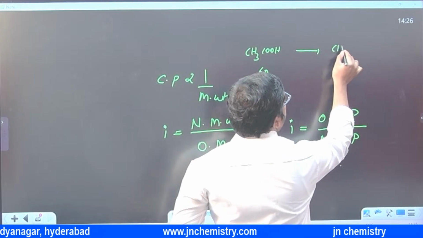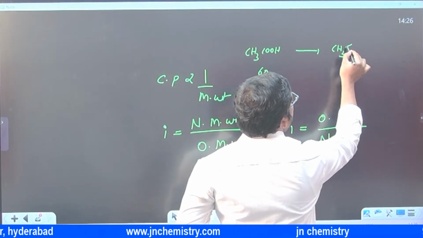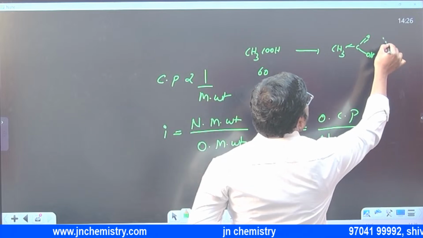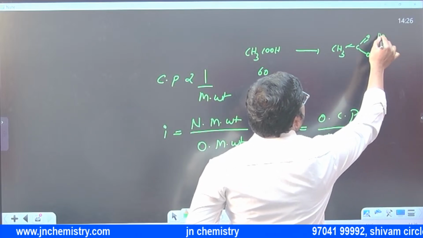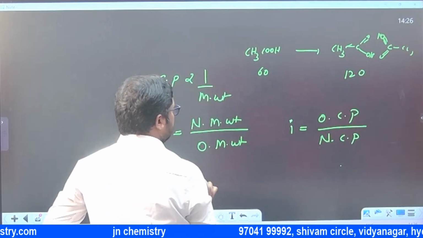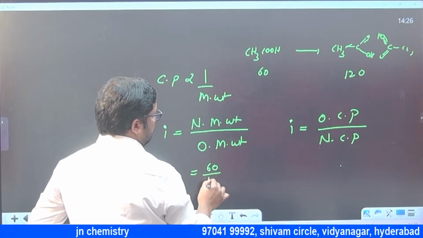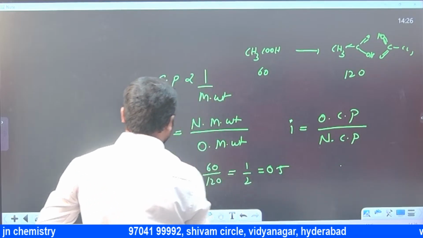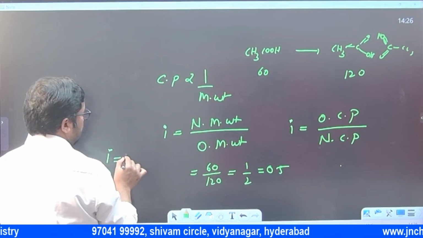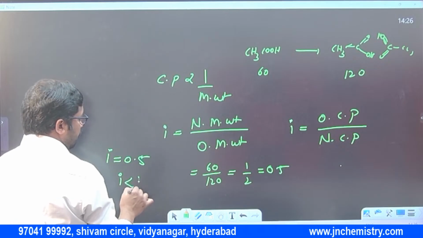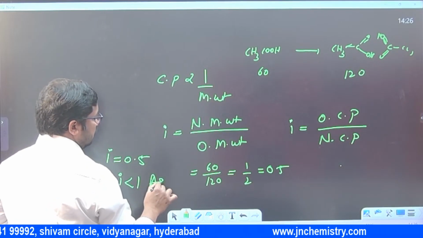Observed weight is 120, because it dimerizes. So 60 by 120, 1 by 2, which is 0.5. i = 0.5 means less than 1, which means association.